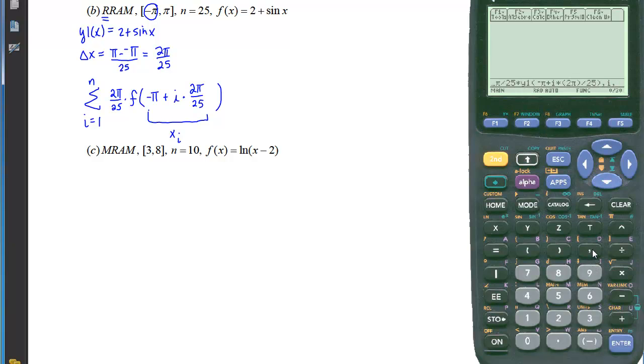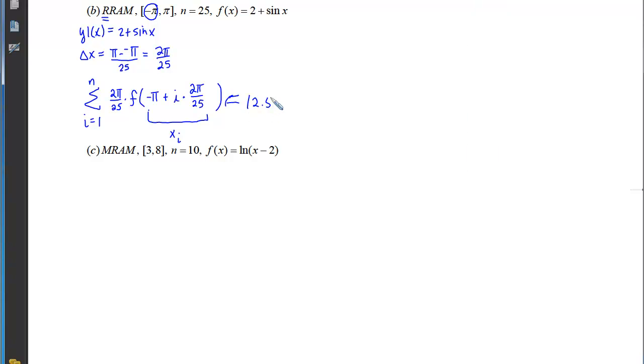And then I have to tell it where that index will start, which is 1, and where it will end, which is n, or in this case, 25. Hit diamond enter to avoid the desire to give me an exact value, and I get 12.566.